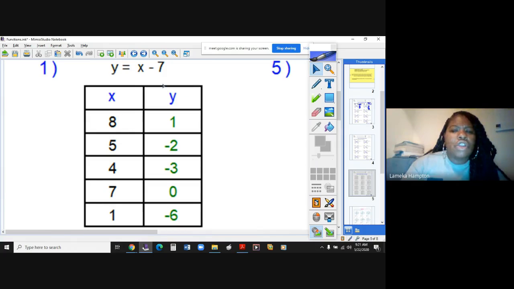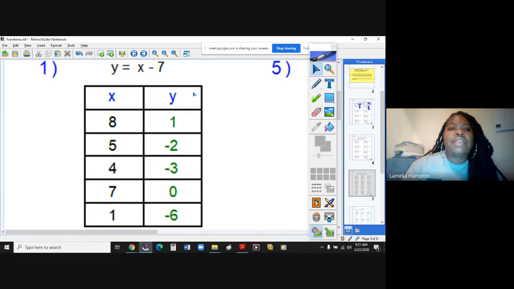Now, number 1 says y is equal to x minus 7. Now, this is what we call a linear function because the linear function takes on the format of y equals mx plus b. I do believe I have a video talking about slope in one of my playback videos, so please feel free to check out any playback videos for more information, okay?